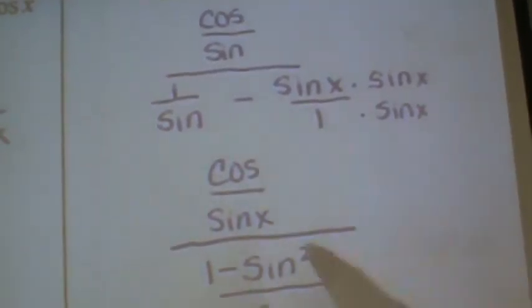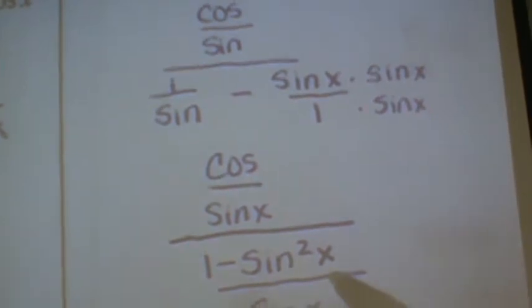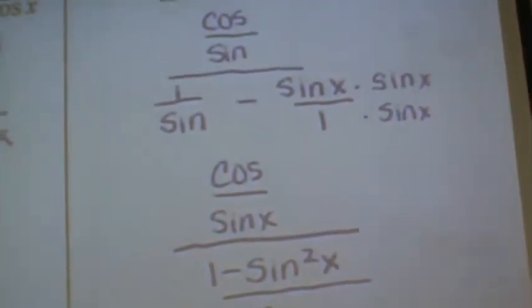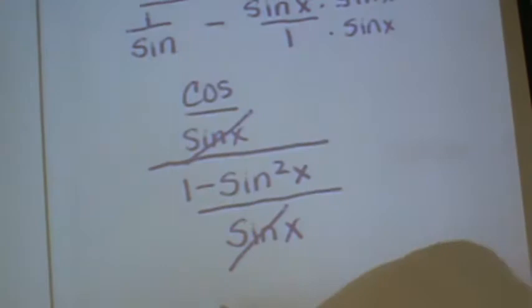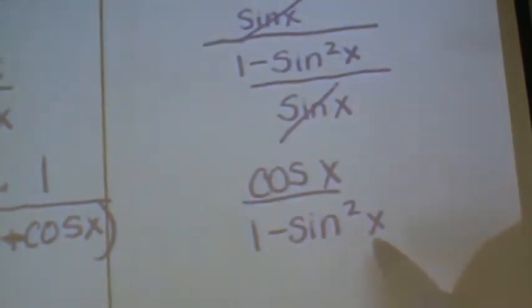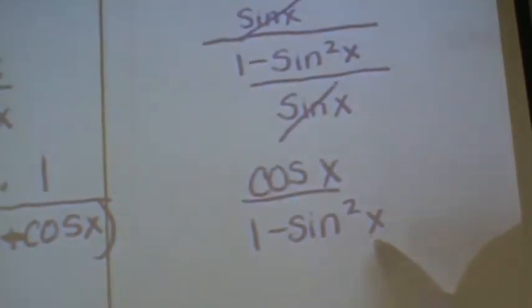Now, you know the flip and multiply part? If we were to flip this and multiply, what's going to cancel? Sine. These two would cancel. So what you have here is cosine over 1 minus sine squared. What's another name for 1 minus sine squared x? Cosine squared.